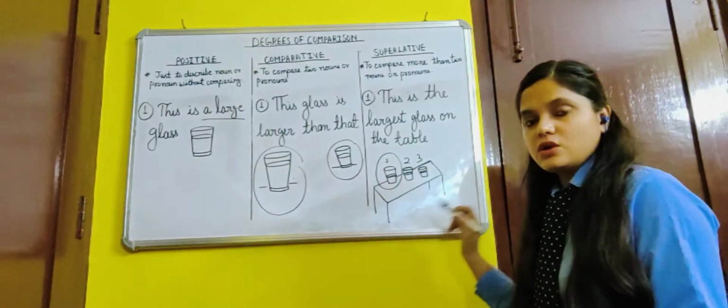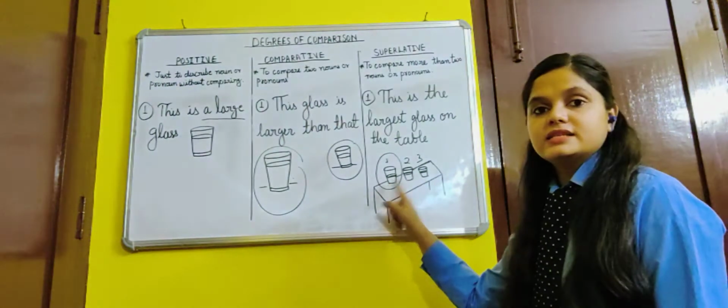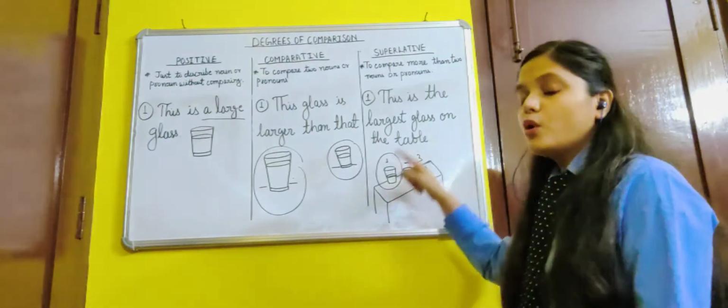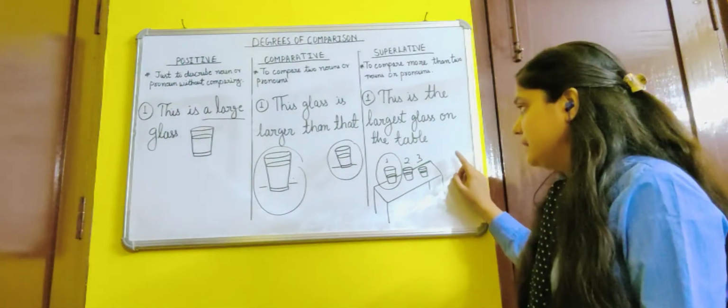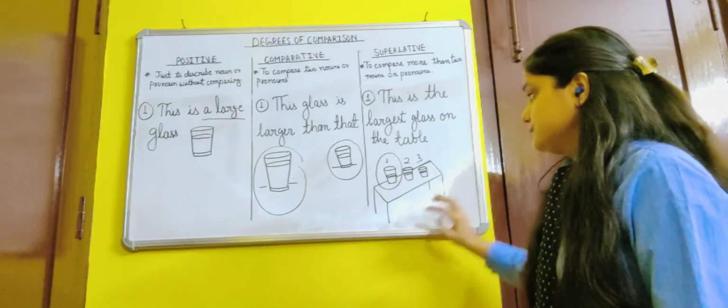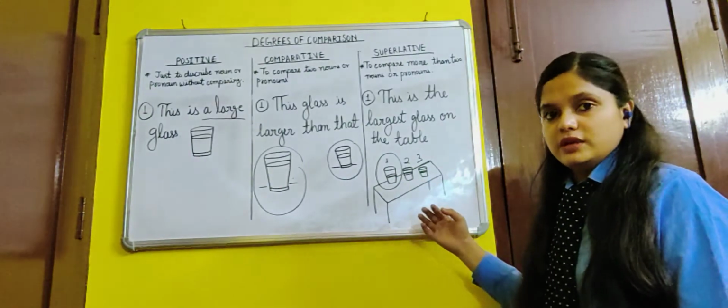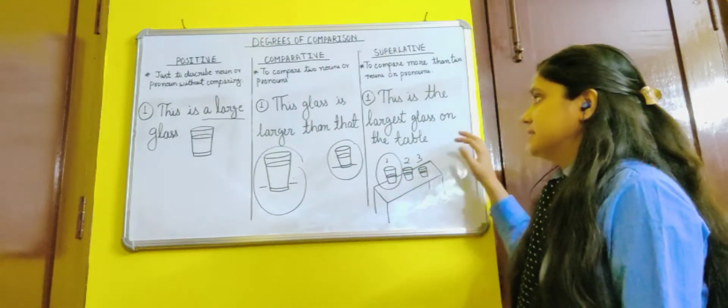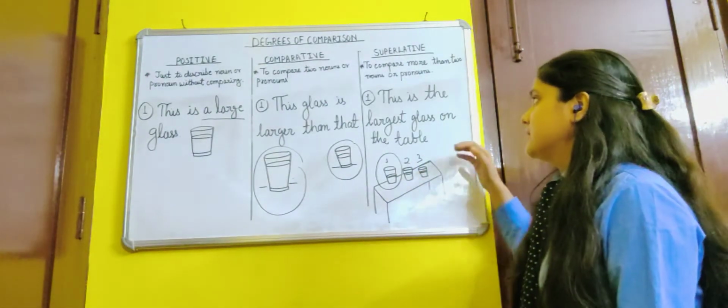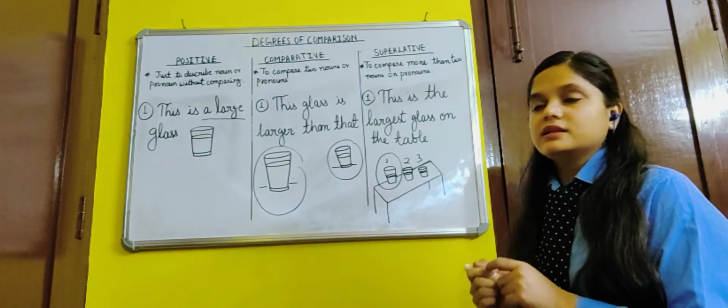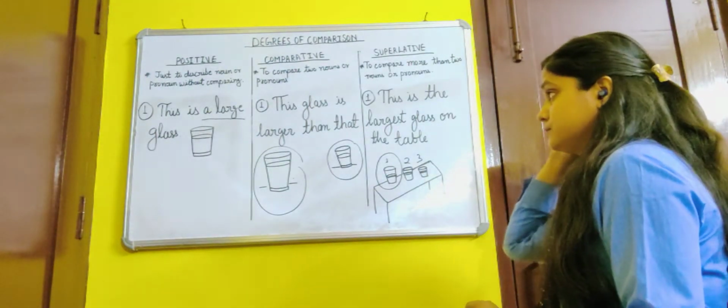There are three glasses on the table and this glass is the largest. So there were more than two objects and we compared them, and we will say that this is the largest glass on the table.